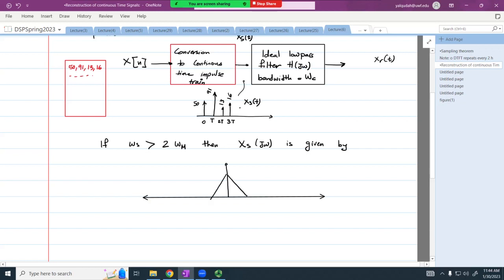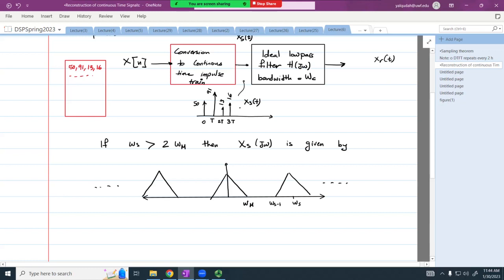And again, we're going to keep using this triangular shape just because it's simpler to plot. We have omega m, and here we have omega s.